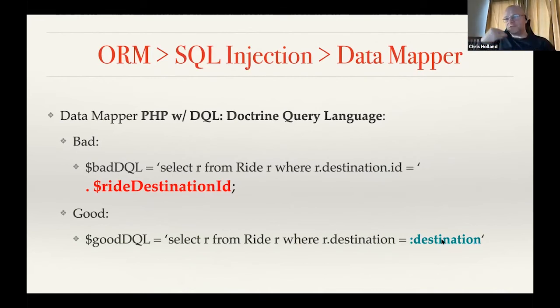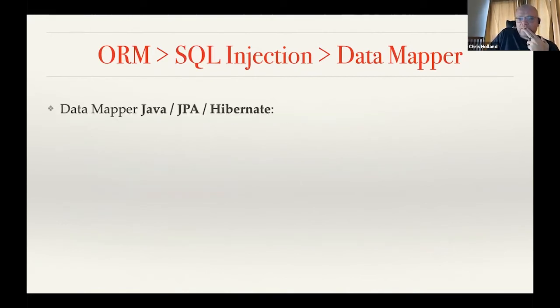Behind the scenes, the data mapper engine is going to know to compare the ID attributes of your respective objects. So then once you have :destination as the variable referenced in your data mapper string, you can bind this parameter to an object, very similarly to how you do it with a good old SQL string. So that was an example in PHP.